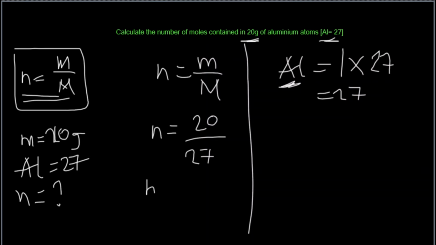then find your answer. So 20 divided by 27 will give you 0.741 moles.